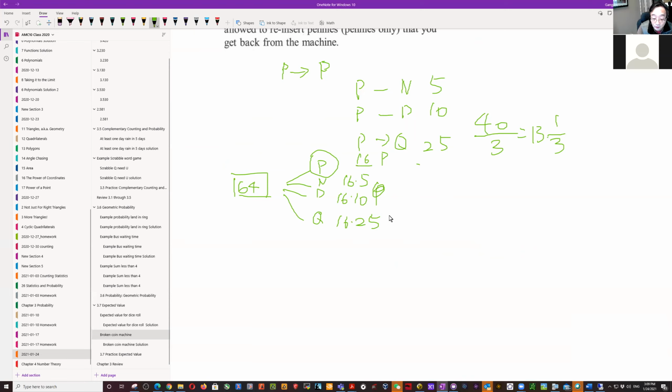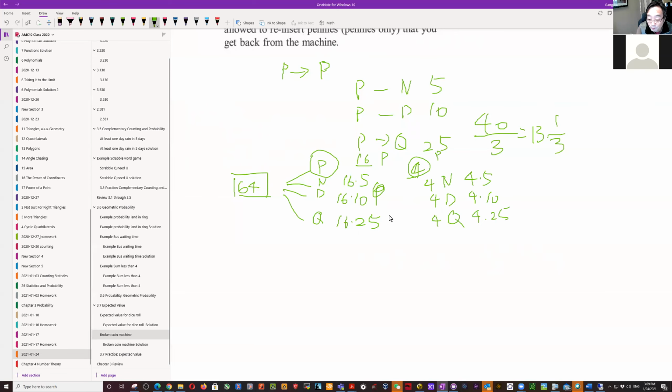Basically, I will get 4 of them penny, 4 of them nickel, 4 of them dime, and 4 of them a quarter. So I will get 4 multiplied by 5, 4 multiplied by 10, 4 multiplied by 25.